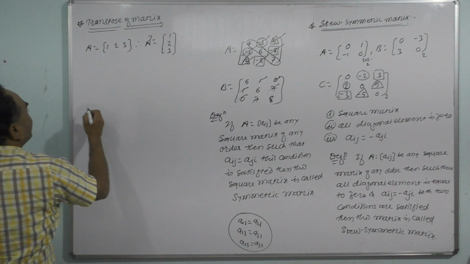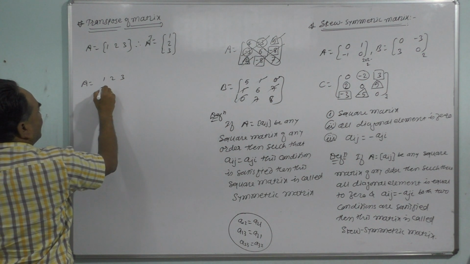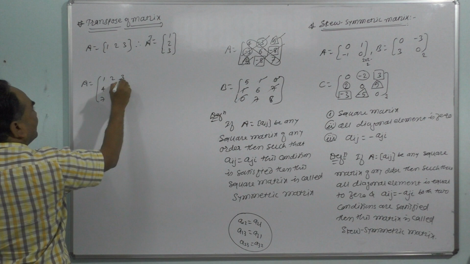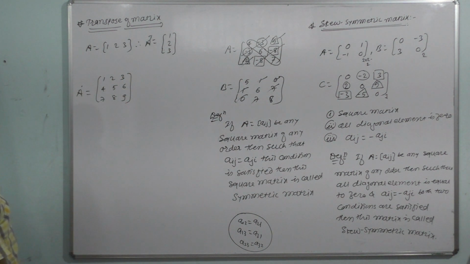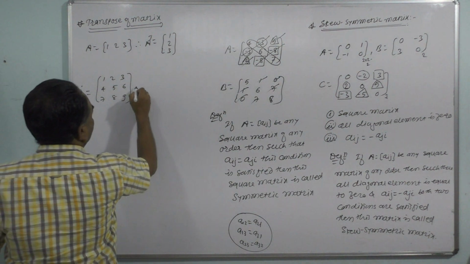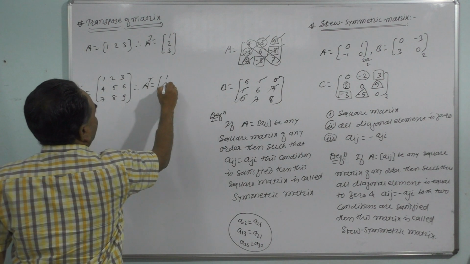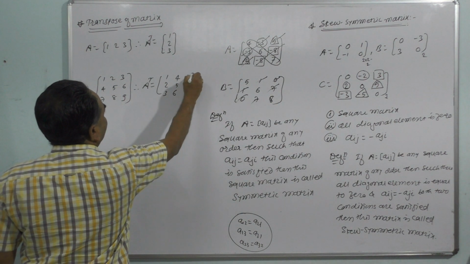Understand here, A is equal to [1 2 3; 4 5 6; 7 8 9], and therefore A transpose is equal to [1 4 7; 2 5 8; 3 6 9]. Okay.